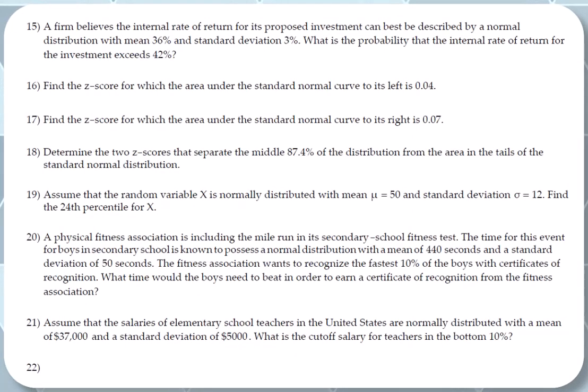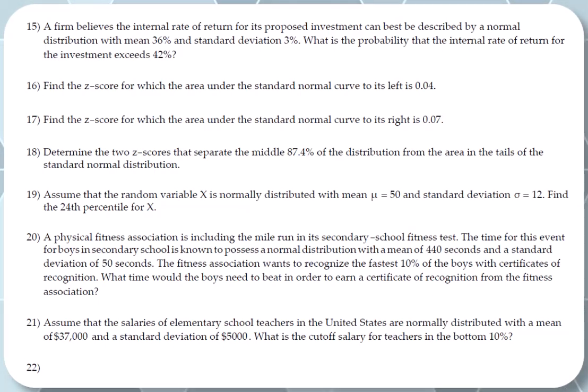Next question. Assume that the random variable x is normally distributed with a mean of 50 and standard deviation of 12. Find the 24th percentile. A percentile is an area to the left, so he's given you the area to the left to be 0.24. But remember, he gave me a value for the mean and standard deviation. I can't use 0 and 1.